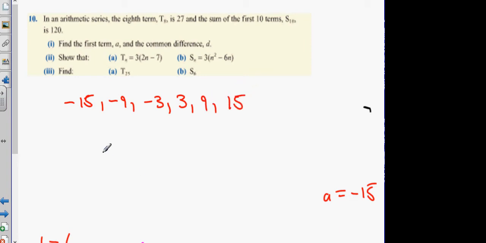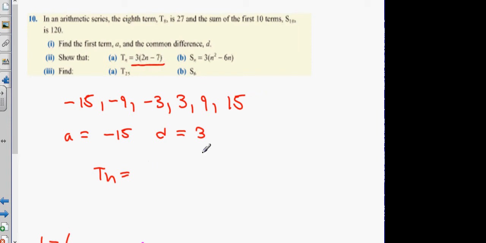Now, when looking at these, you know that a is minus 15 and d is plus 6. So now all we have to do is show that Tn equals 3 bracket 2n minus 7.